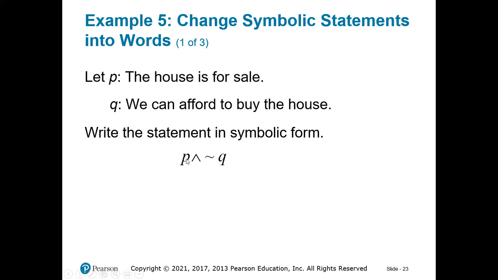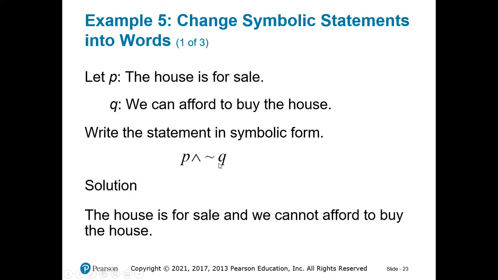Remember, this symbol here, this wedge, will be translated into and, and this tilde will be translated into negation. So what is P? The house is for sale. You are going to say the house is for sale and we cannot afford to buy the house. That's what it is. So that's how it goes. We go backwards from symbols to plain English.